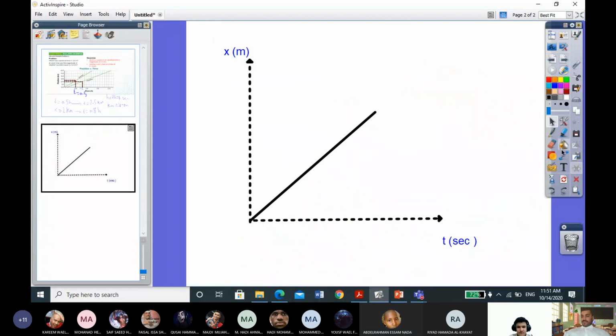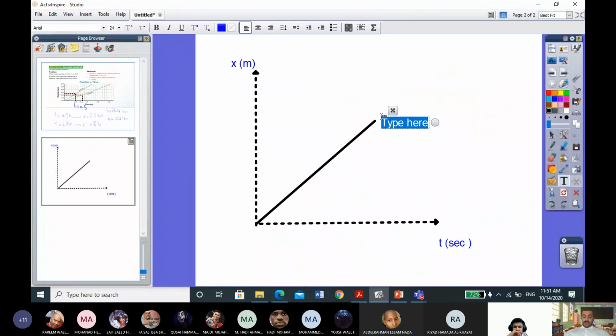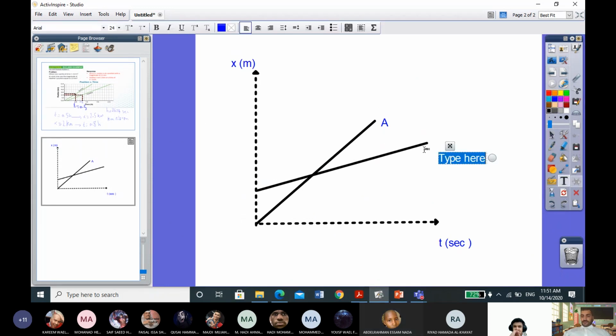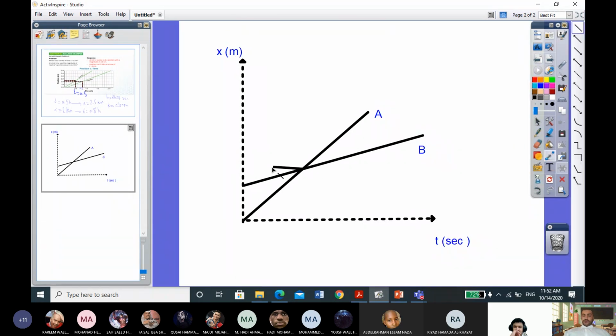So here, guys, this is the position. Let's say this is the motion or the position of object A, and another time I will draw the position of object B. So what can we say about the intersection between the two lines or the two positions?